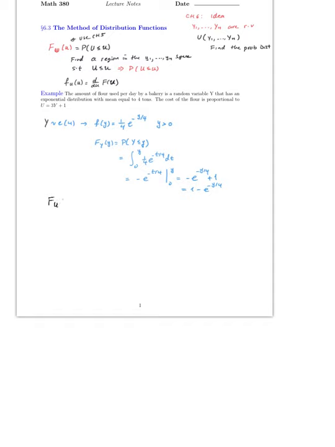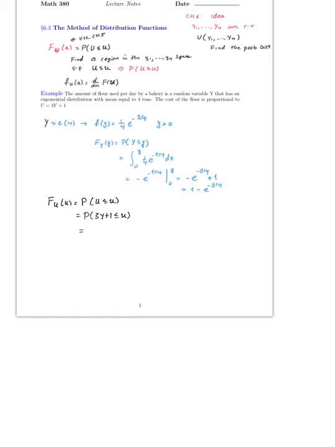Therefore, if we want to find the distribution function of U, this is by definition the probability that U is less than or equal to lowercase u. But remember, U is equal to 3Y plus 1.